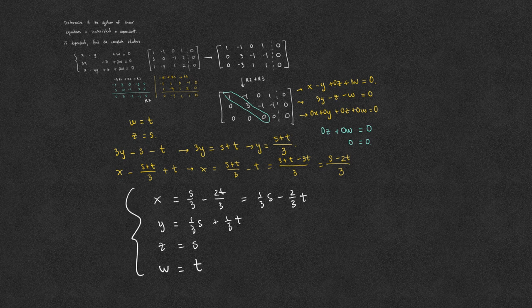This is the complete solution where s and t can be any real numbers, and that the system is dependent. There are infinitely many solutions here.